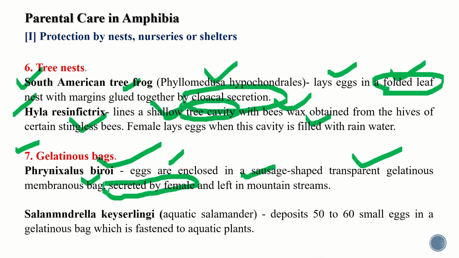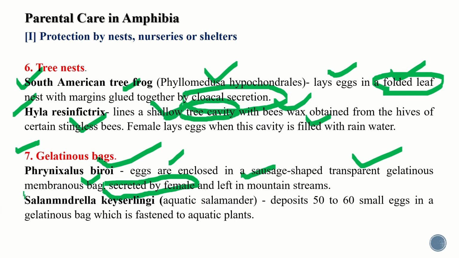And in the case of Salamandra, the aquatic salamander, they deposit small eggs, about 50 to 60, in gelatinous bags fastened to aquatic plants, and in this gelatinous bag the eggs are laid by the female. So these are some types of parental care by protection by nest, nurseries or shelter.